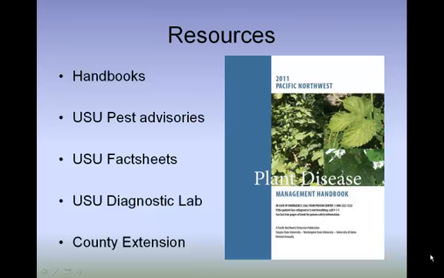We've got a Pest Advisory email list online that helps people find information about spray timing. We've got a lot of fact sheets online. So when I say fact sheet, I just mean it's a short publication that goes through A to Z about a certain insect problem or disease.